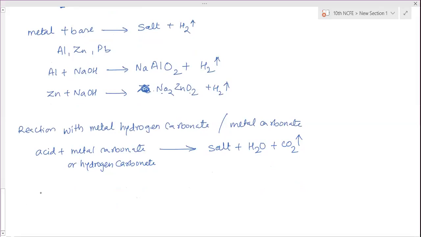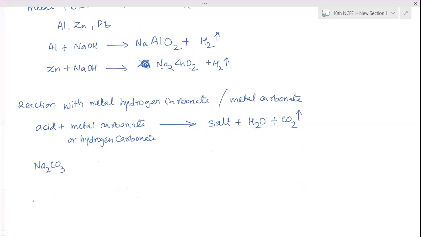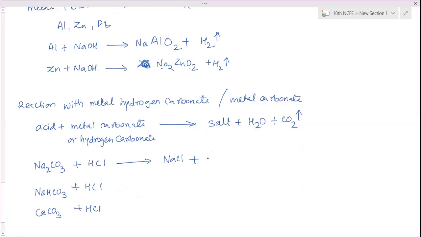Only three examples here to remember: sodium carbonate, sodium hydrogen carbonate, and calcium carbonate with HCl. So it will form NaCl plus H2O plus CO2.